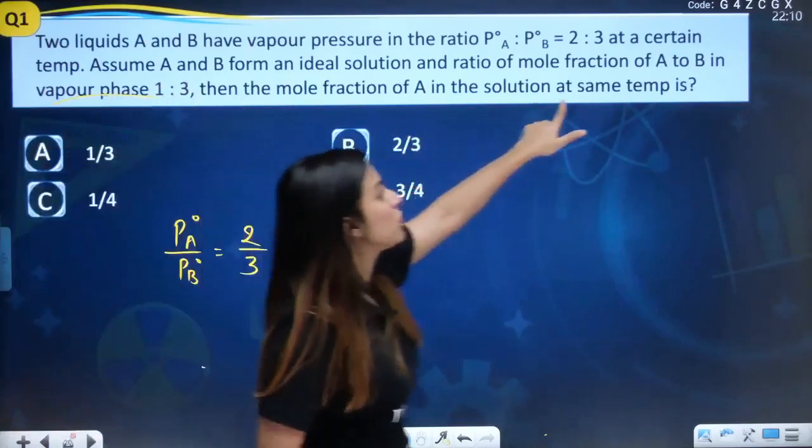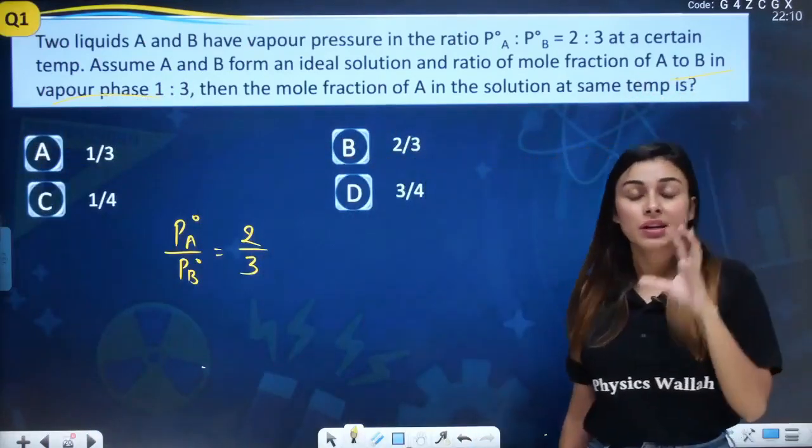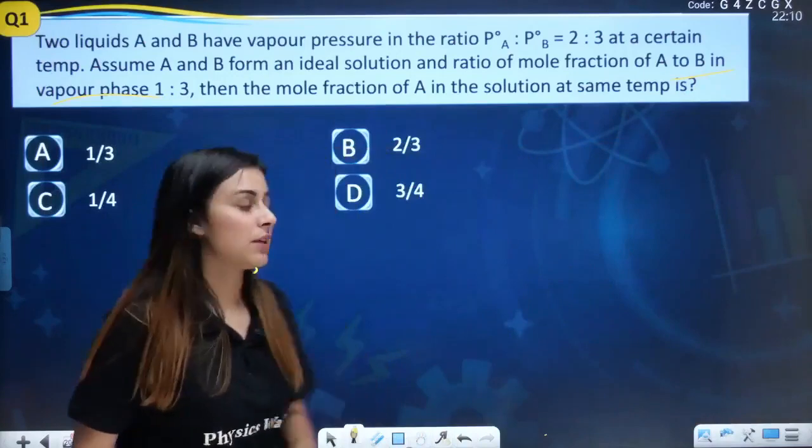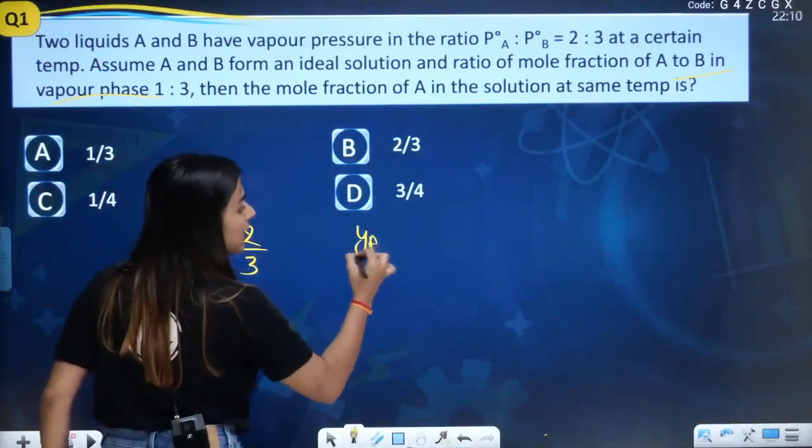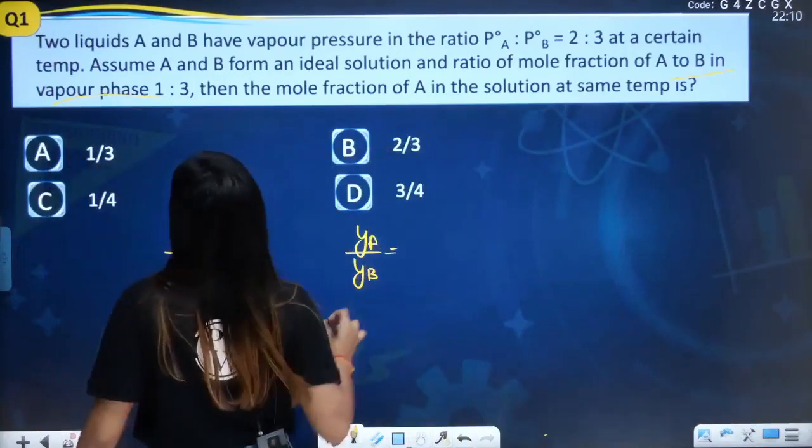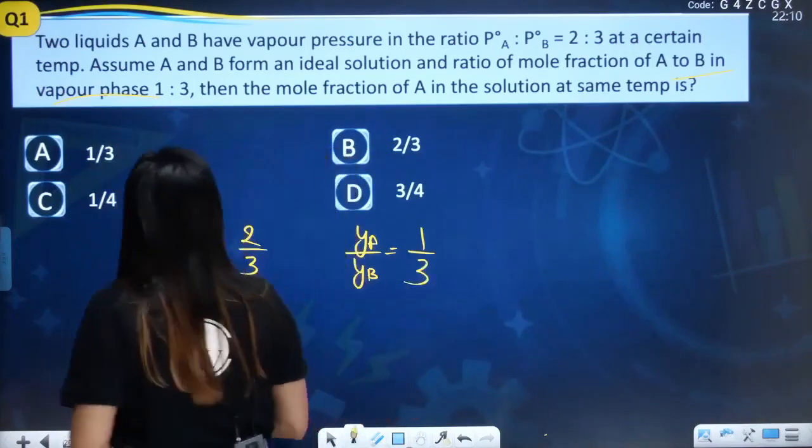Very important, my dear students. You are given the ratio of the mole fractions in the vapor phase, which means you are given YA upon YB equal to 1/3.